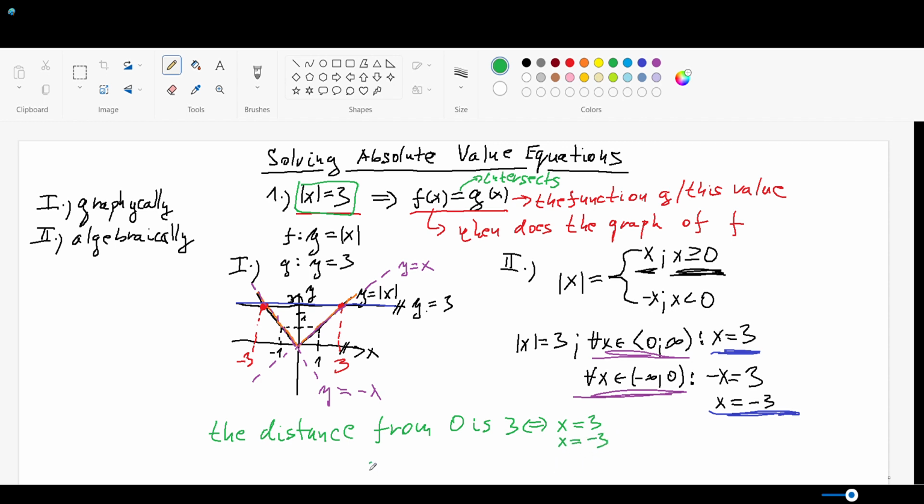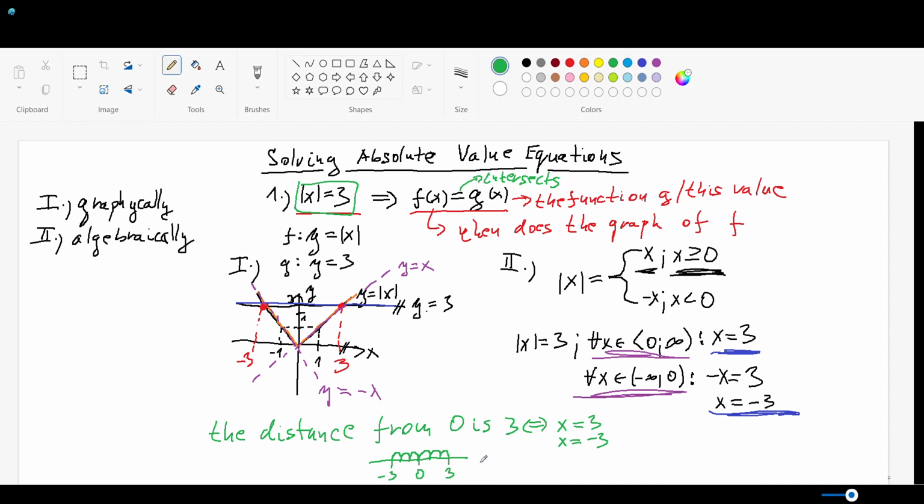equal to -3, because if you sketch the number line and here is my number 0, then I travel, let's say, 3 units to the right, 1, 2, 3 units to the right, and I will end up on number 3. And if I do the same thing, because the distance is a positive number, I travel backwards 3 units, 1, 2, and 3.